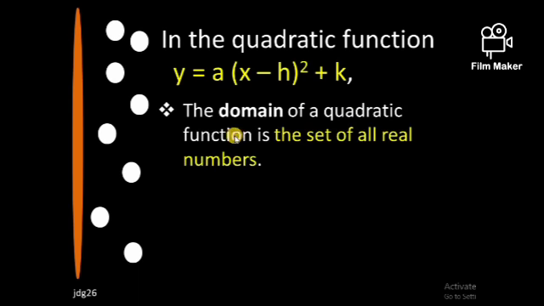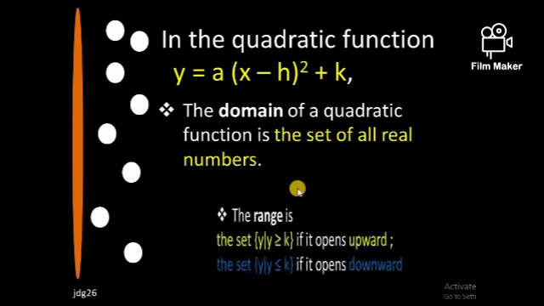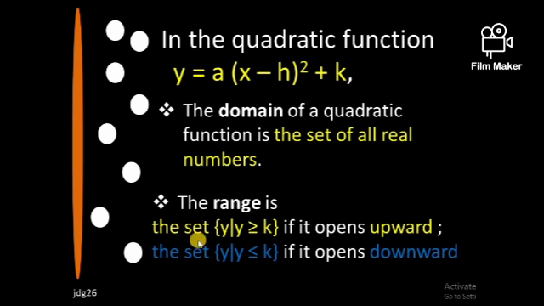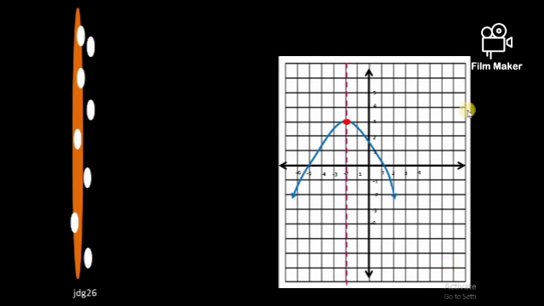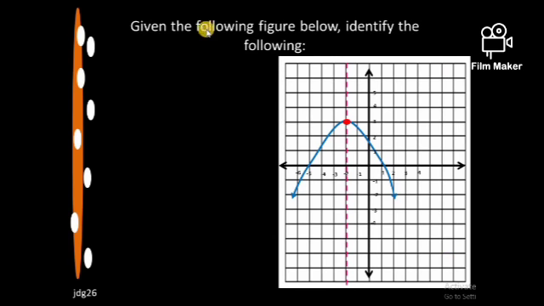The domain of a quadratic function is the set of all real numbers. And the range is the set of y such that y is greater than or equal to k if it opens upward, and the set of y such that y is less than or equal to k if it opens downward. So let's have an example.